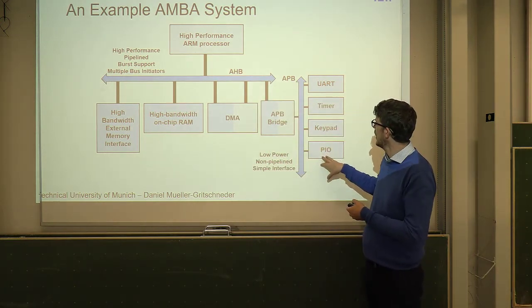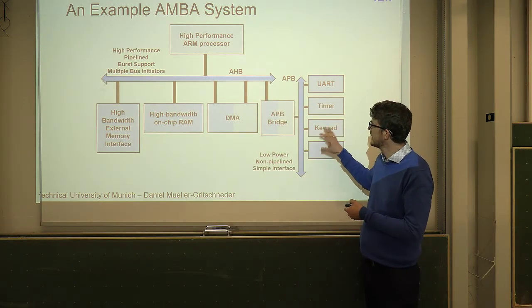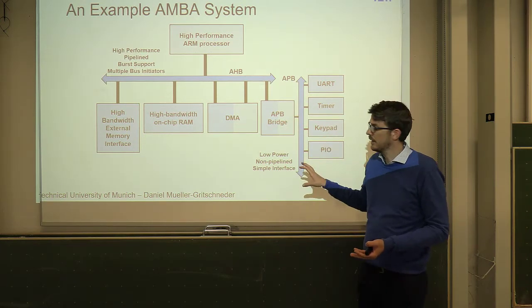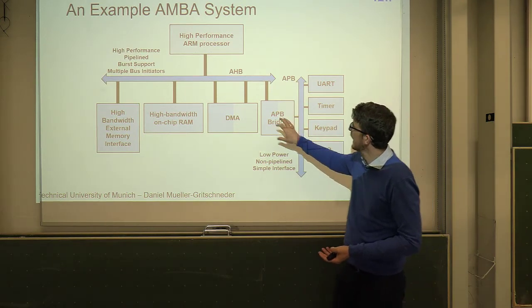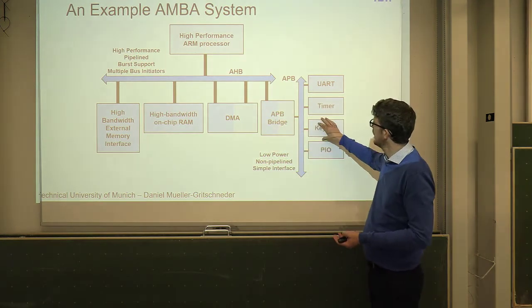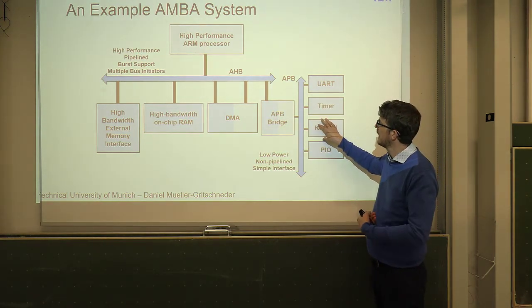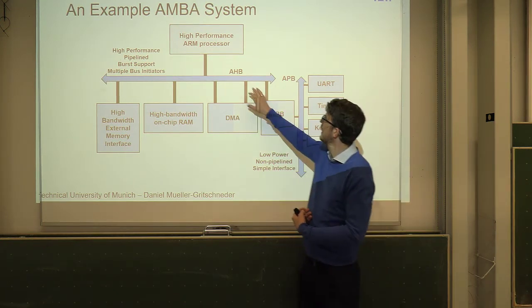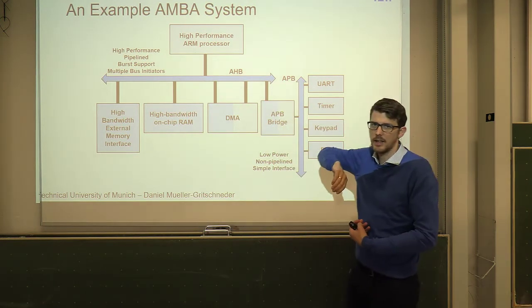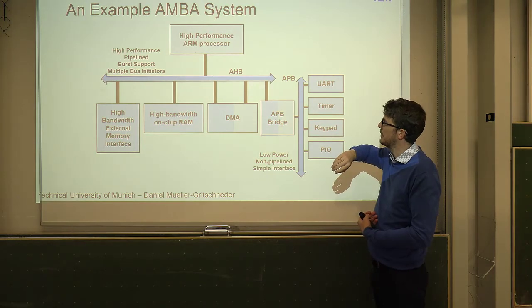And then, of course, you might have some very simple peripheral like a keyboard. If you connect this keyboard to the AHB bus, your keyboard I/O device, which is on chip and communicates with your keyboard, would have to have the full state machine to understand this very complex AHB bus.